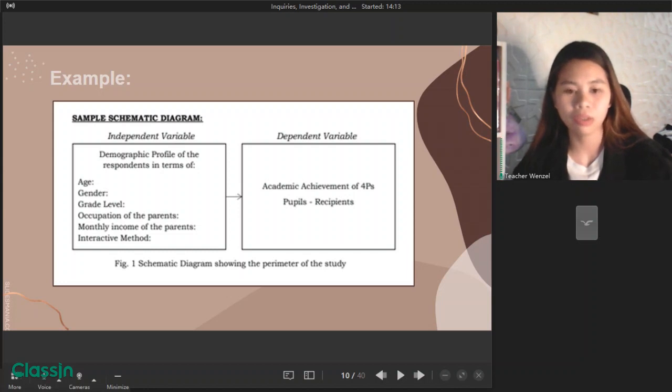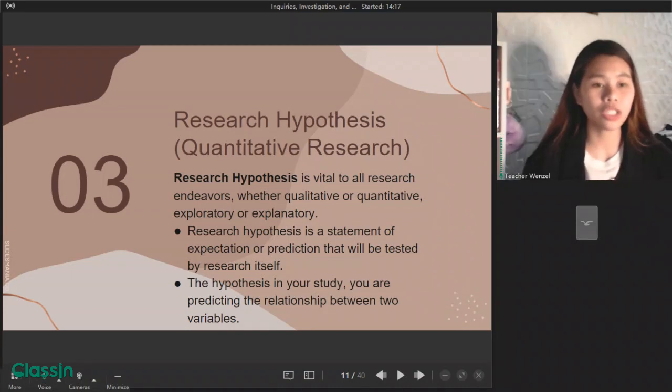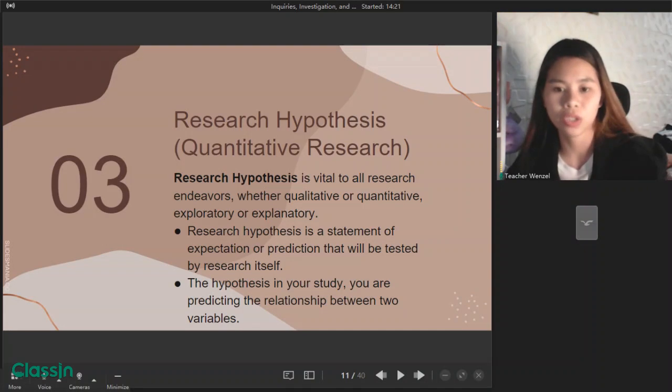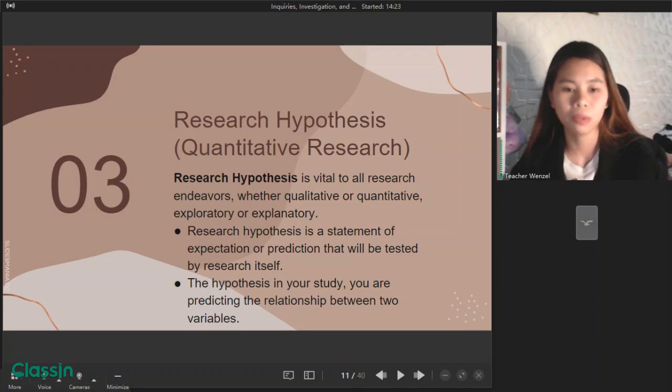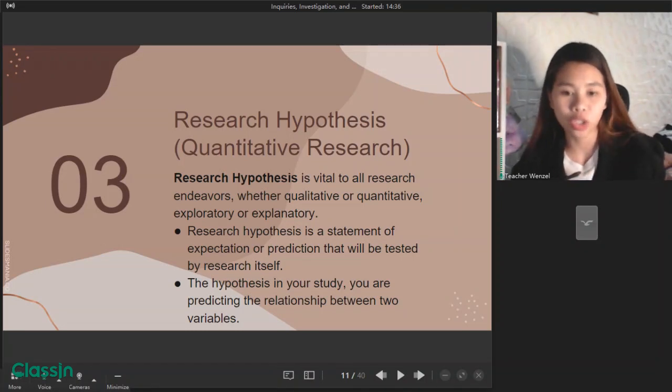Okay. So next, we have a research hypothesis for quantitative research. A research hypothesis is vital to all research, whether qualitative or quantitative, exploratory or explanatory. A research hypothesis is a statement of expectation or prediction that will be tested by the research itself.